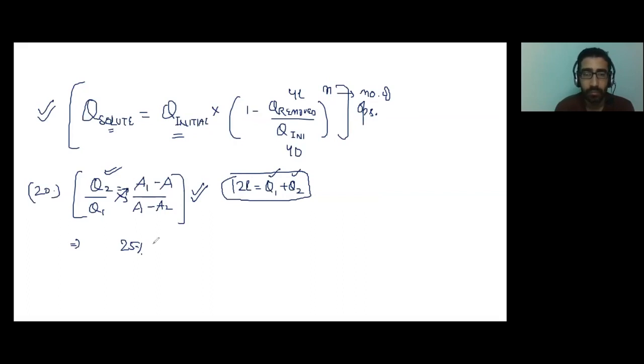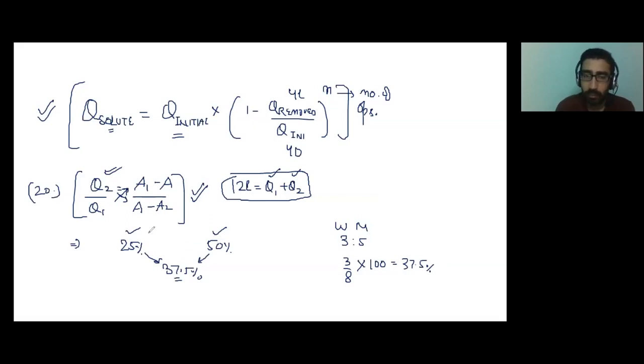So the first solution had 25% water, the second one had 50% water, and the average was 3:5. 3 was water, 5 was milk, which means that the average water was 3 out of 8 parts, which in percentage terms means 3 by 8 into 100, 37.5%. Which means you're mixing can 1 with 25% water with can 2 with 50% water to get 37.5% water, which is perfectly in between. It's the arithmetic mean of 25 and 50.